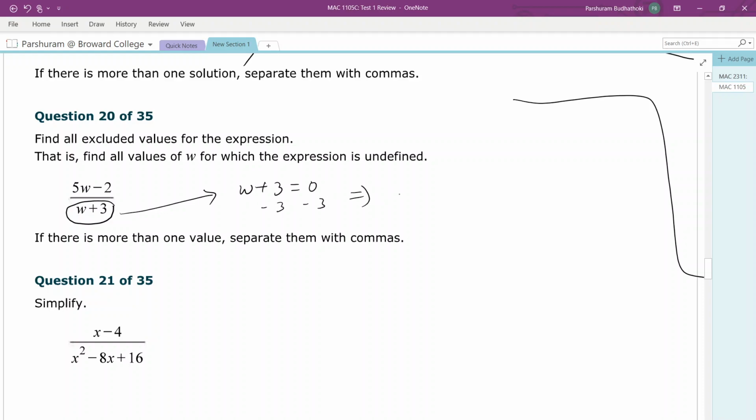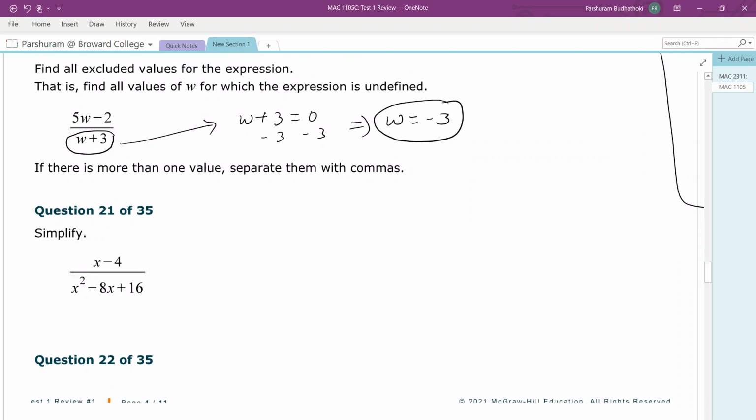So in this case, w equals negative 3 is our restriction, because if w is negative 3, then the denominator would be 0, and 0 in the denominator is undefined. So w equals negative 3 gives us the undefined value here.